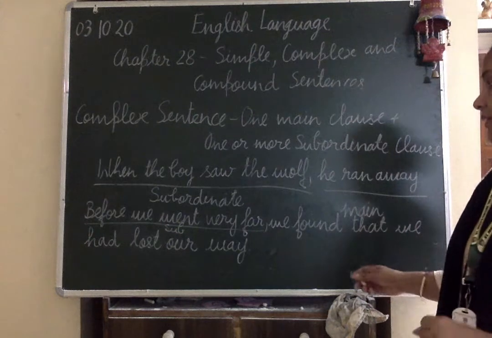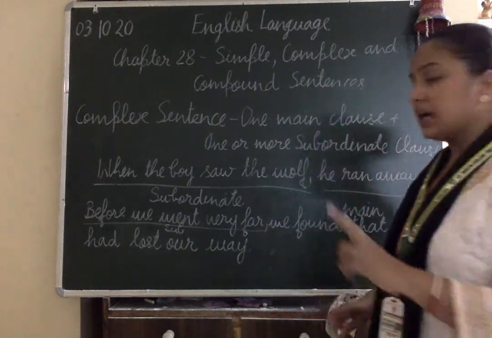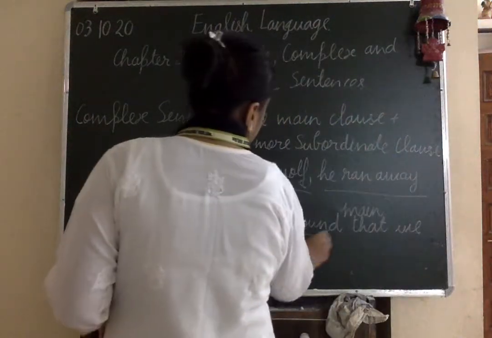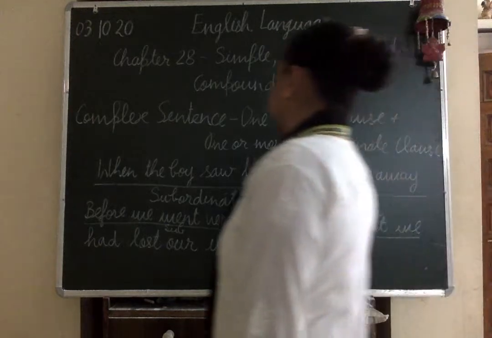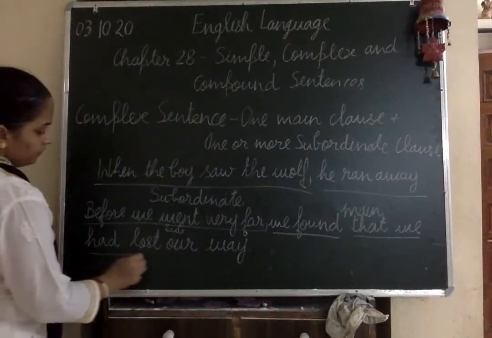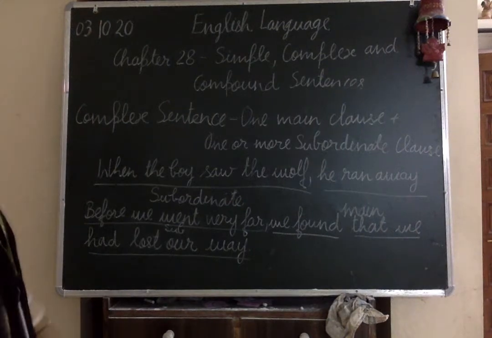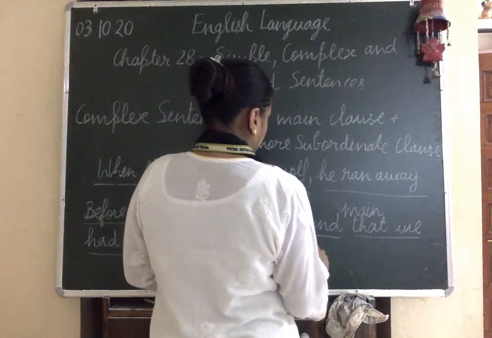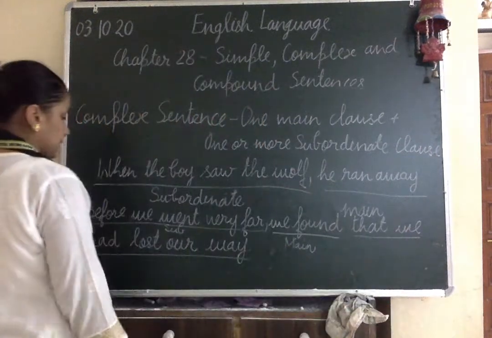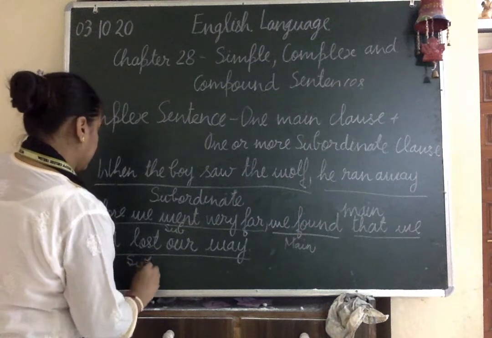Here after the comma there are two clauses. One is we found and the other one is that we had lost our way. So here this one is the main clause and that we had lost our way is the subordinate clause.